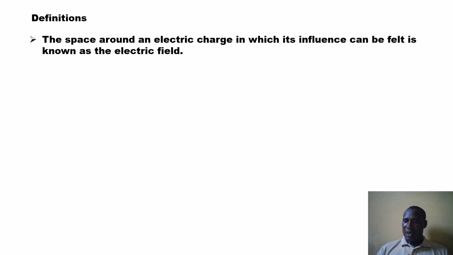When a magnetic material is brought closer to a magnet, it will be attracted. The point where the effect of the magnet is felt is what we refer to as the field, though that is a magnetic field anyway. But I just want you to understand what electric field is all about.